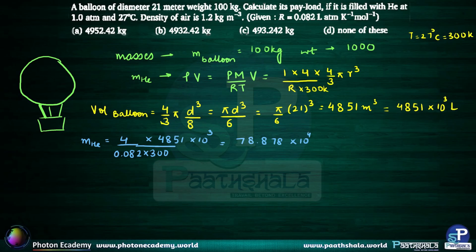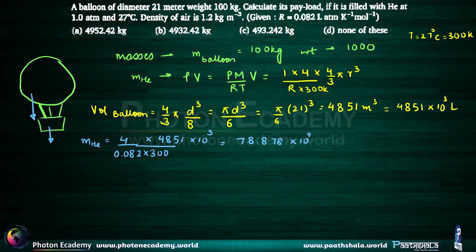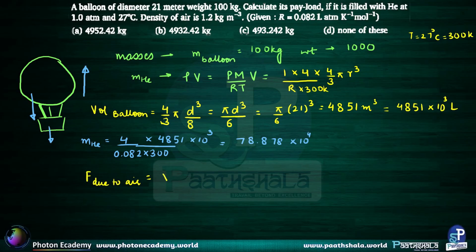So if we talk about payload, that is basically the weight acting downward, and the mass of helium and the balloon are also acting downward. The upward force is that of the buoyant force of air, and the force due to air will be the volume of air displaced into its density, into the gravity.